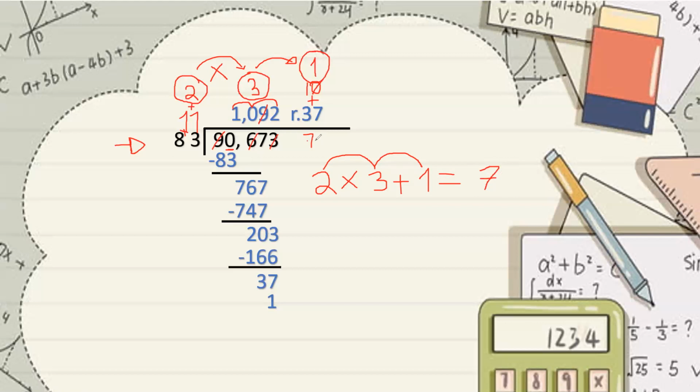Okay, remember this was 7, so we can say this and this are the same. So that means that my division is correct.